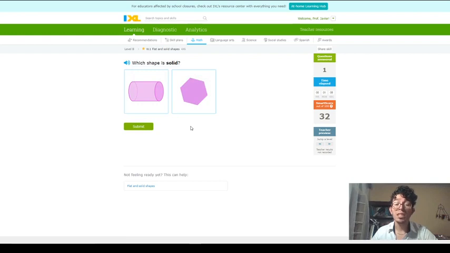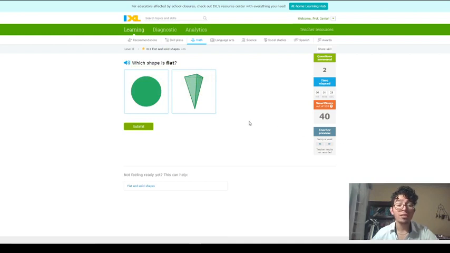Which shape is solid? ¿Cuál de estas dos figuras es sólida? This hexagon or this cylinder? Well, the solid one, la que ocupa espacio, sólida, will be this one, esta. The other one is just like a piece of paper. La otra está solamente como un pedazo de papel, so it's not solid, no es sólida. Let's click the solid one, the cylinder.